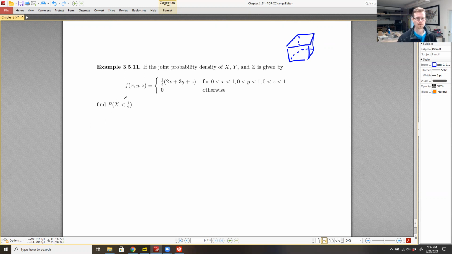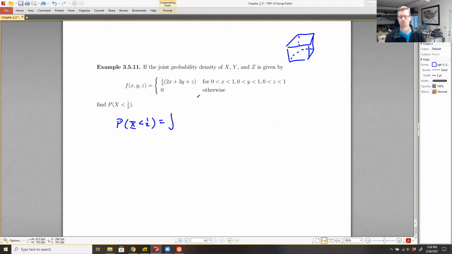So if I want to find the probability that x is less than 1/2, formally, this can be calculated as an integral.